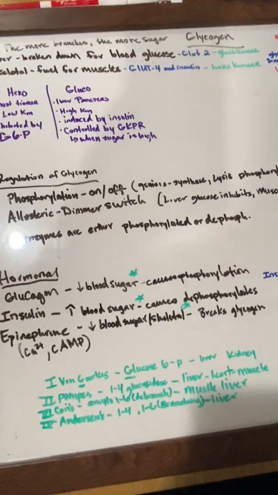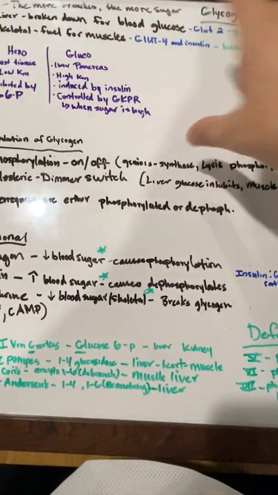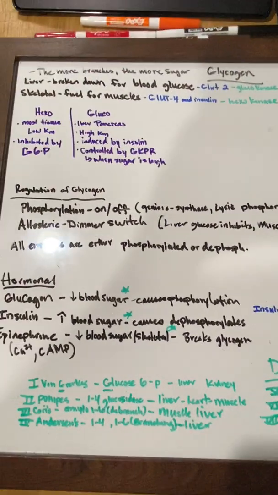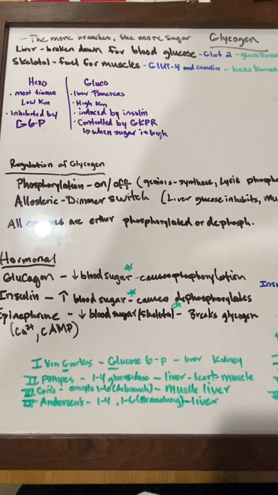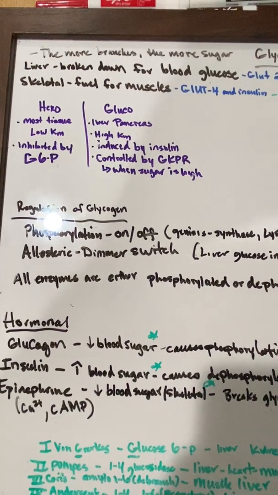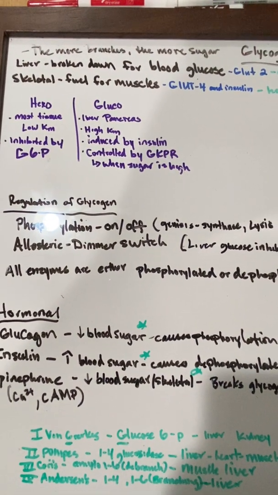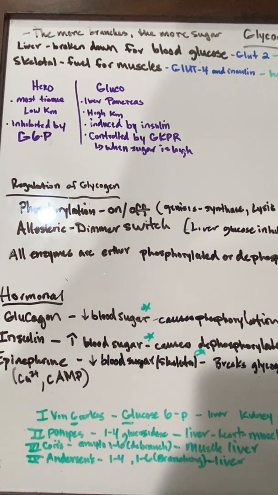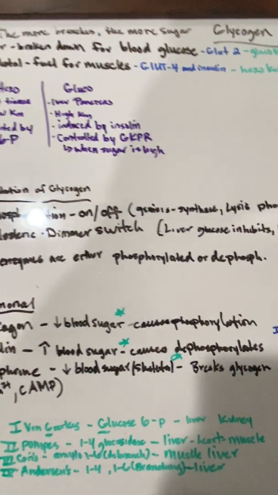So some basic info is the more branches of glycogen, the more sugar it's going to have, which is kind of obvious. In the liver, it's broken down for blood glucose, and in the skeletal muscle, it's obviously used for muscles.